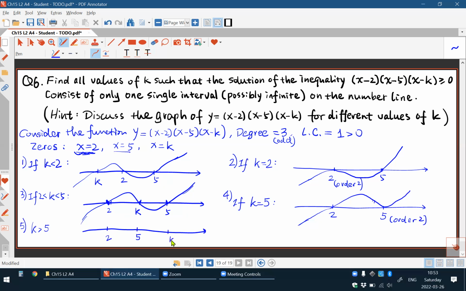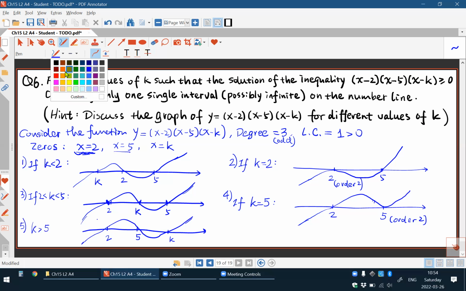Because this time k is a number that is greater than 5. And the end behavior still looks like this. Then it will go this way, crossing the first zero, and change the sign because all of the zeros have order 1, right? Then cross the next zero, then cross the next zero. Then we'll have a shape like this.